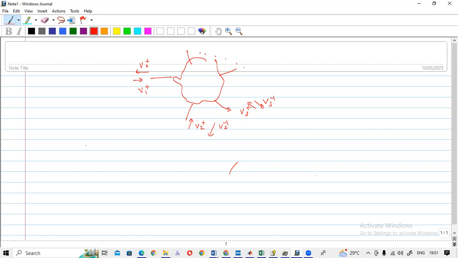If you consider n ports, there should be n number of reflected voltages. So you have to first write the reflected voltages, V1 minus, V2 minus, V3 minus, and so on up to Vn minus.